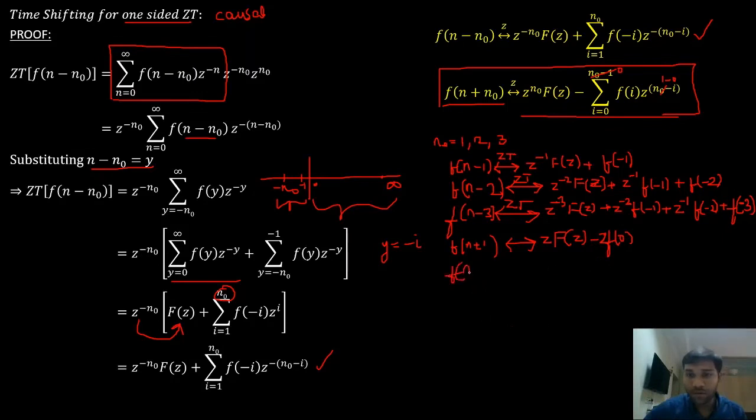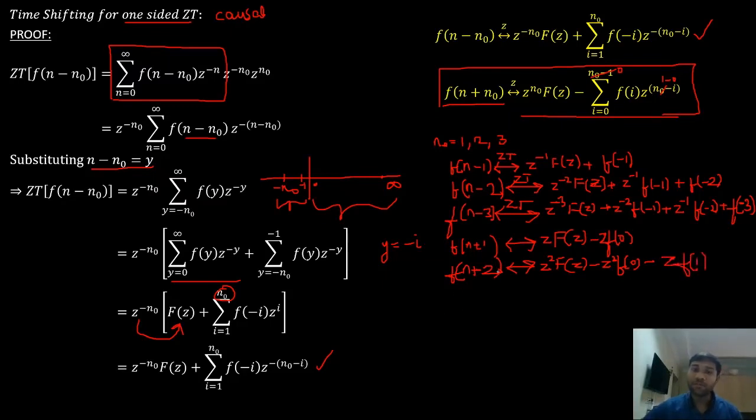Similarly, f of n plus 2 will have the z transform z square into f of z minus z square f of 0 minus z into f of 1.